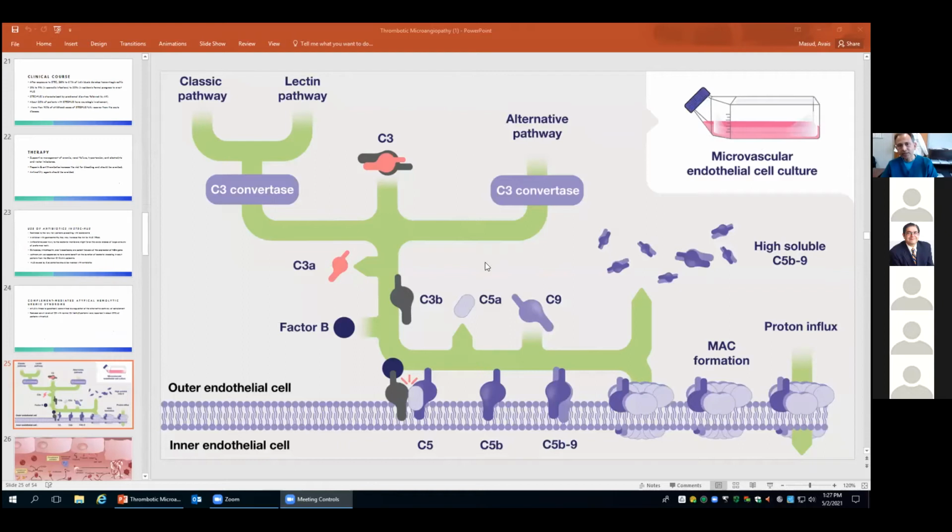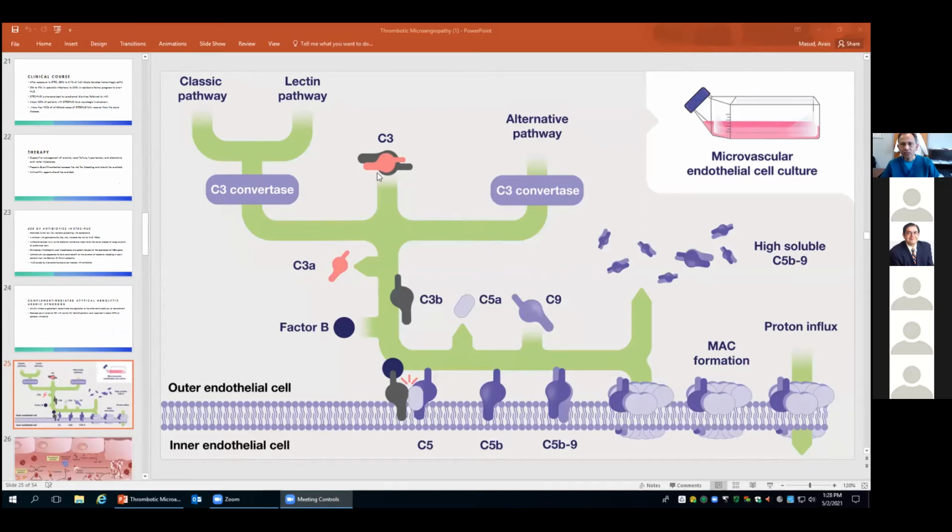This is just a brief introduction to the complement pathway. There are three ways of activating the complement pathway: the classical pathway, the lectin pathway, and the alternative pathway.